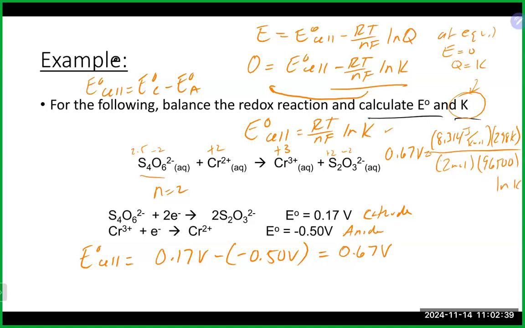So I'm going to clean up before the natural log part. That's going to give me 8.314 times our 298 divided by 2 divided by 96,500. That will give me 0.67 volts is equal to 0.012837 natural log of K.